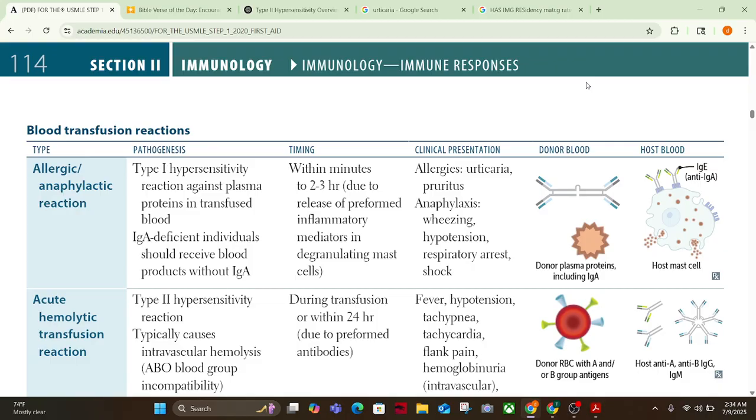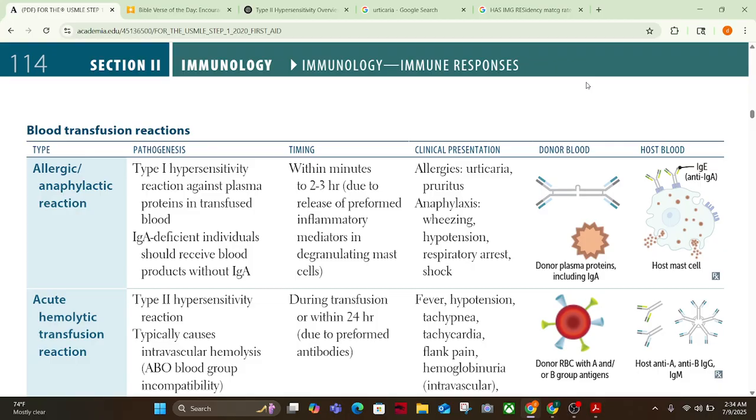While IgE and anti-IgA antibodies are not the same, think that in IgA deficiency, the patient gets the allergic reaction to IgA, and then the body will produce anti-IgA antibodies, and those anti-IgA antibodies will go to the mast cell and cause the mast cell to degranulate.